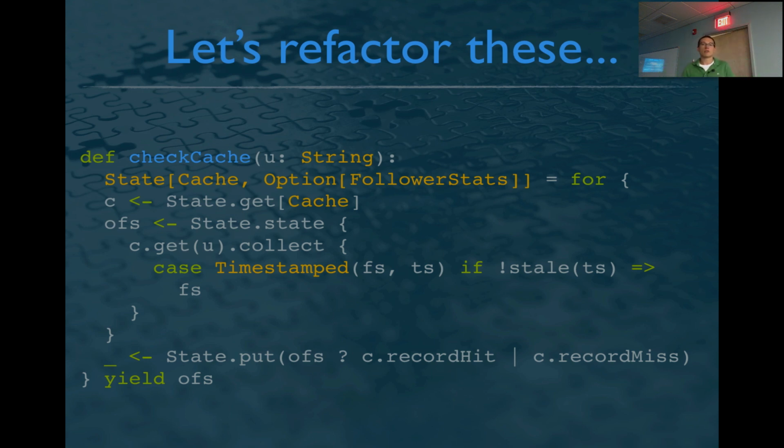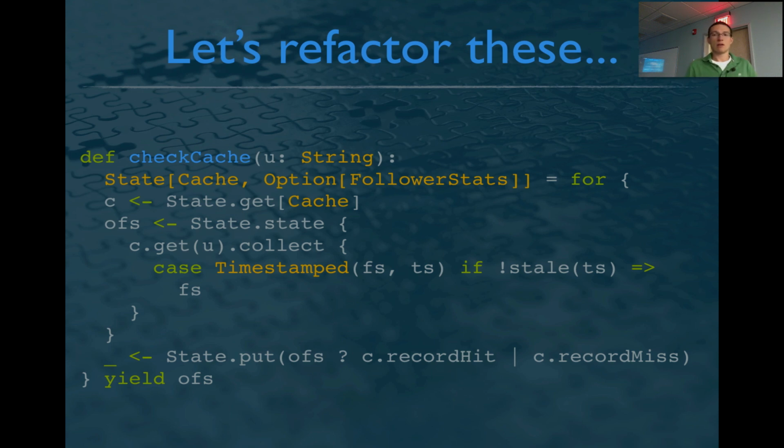If you don't know the Scala collection API, basically what we're doing is saying we're going to pass you a partial function. We're going to use pattern matching on an option. We're going to pattern match timestamped fs if it's not stale. So the case we're not listing here is case timestamped fs ts if it is stale.